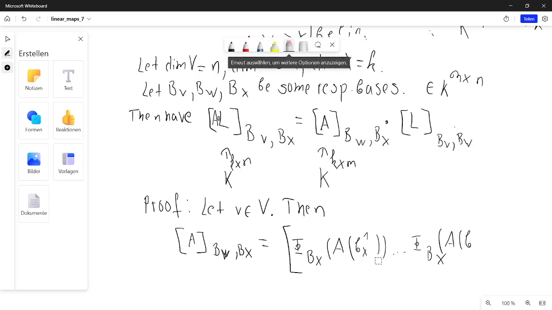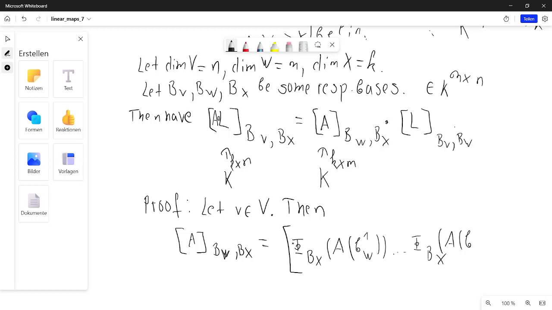Sorry. I told you we go from w, so we have to go from 1 to m. You see, I get confused myself. We go from w, and we have bw here, right? Because we have to go through the space's basis bw, and we have to map those vectors in the domain space, which is W here because we go from W to X, right?